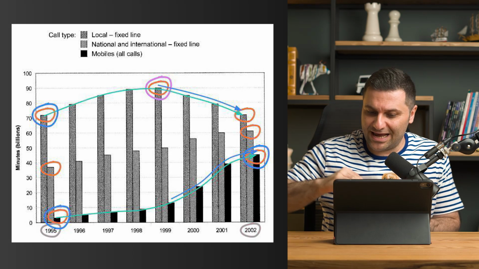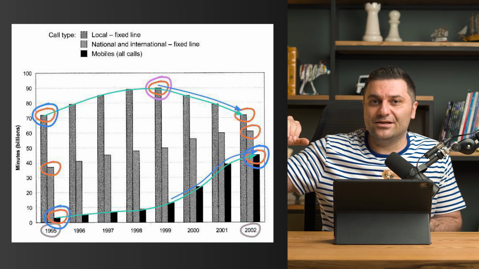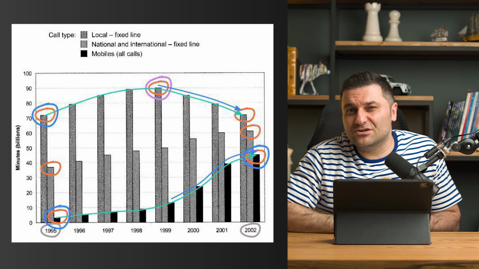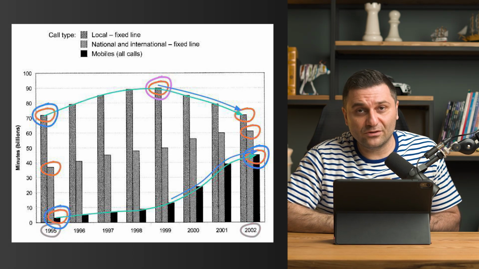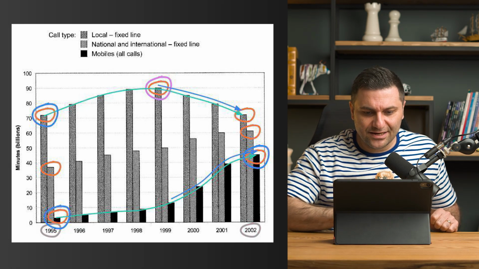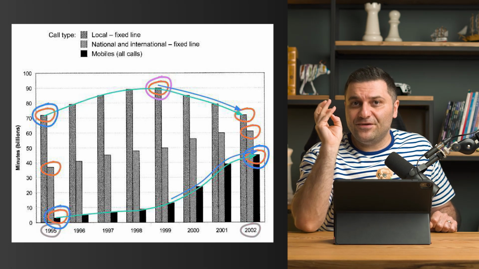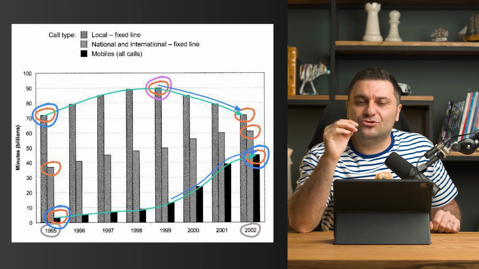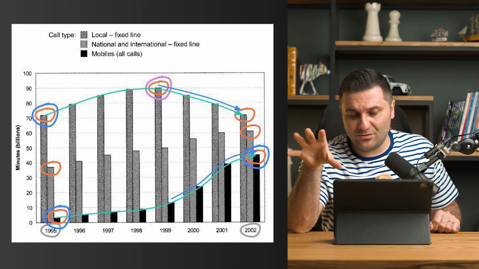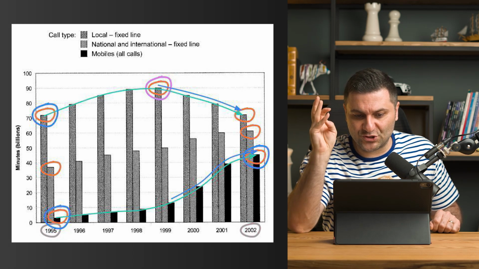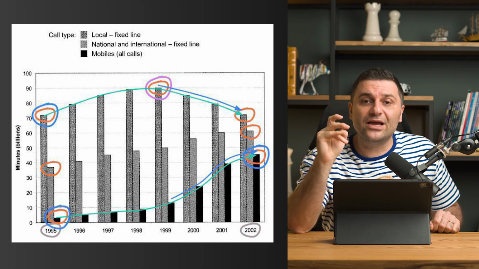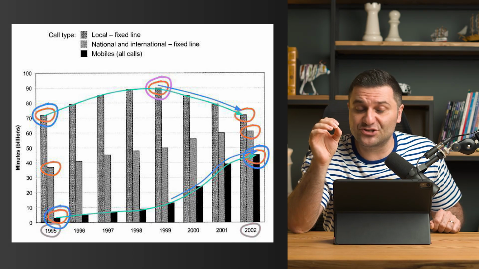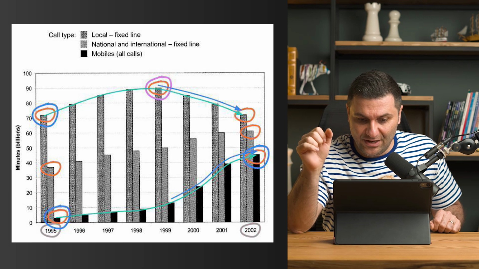So as we have an increase in mobiles, there was a decrease in local fixed lines. So these 5 features should be discussed in trend graphs. Again, a review: starting and ending points, highest and lowest points, turning point, interesting changes, and striking differences.